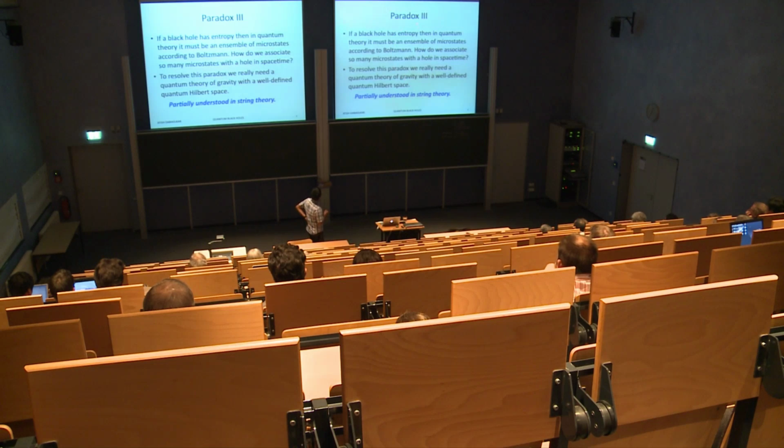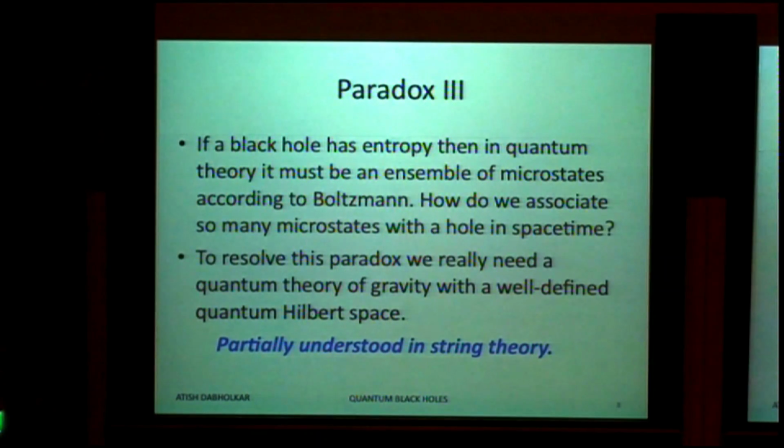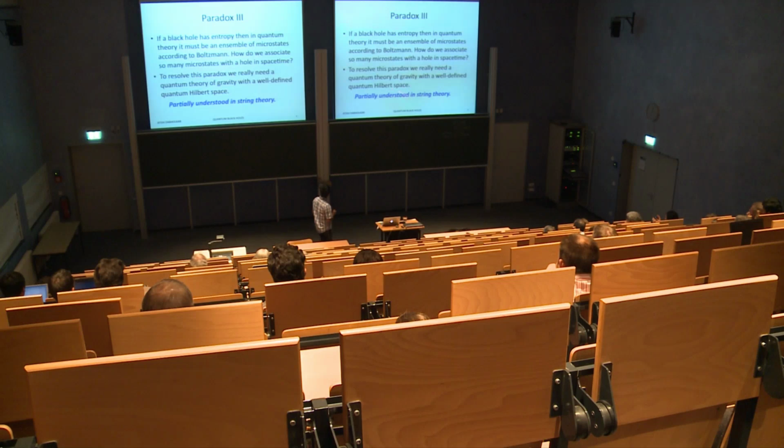And this raises the third paradox, that if a black hole has entropy, then in quantum theory you have to be able to interpret it as an ensemble of microstates according to Boltzmann. So how do we associate so many microstates with something which is just a hole in space-time? And to resolve this paradox, we really have to face up to quantum gravity.